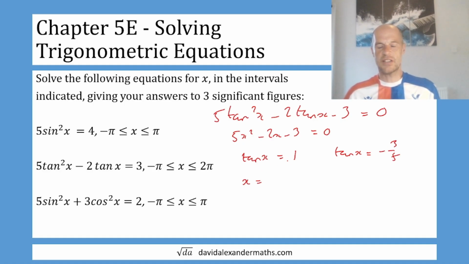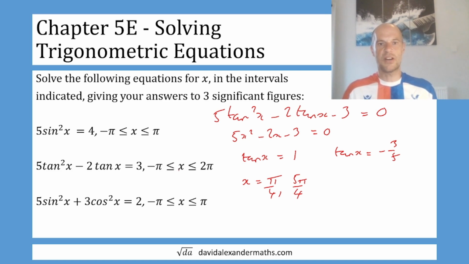Okay, so if tan x equals 1, then x is the inverse tan of 1. So x is pi over 4. If I add pi onto that, that's going to be 5 pi over 4. And if I add another pi onto that, that will take me above 2 pi.